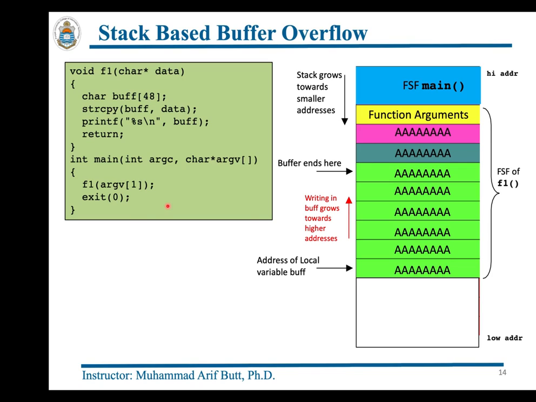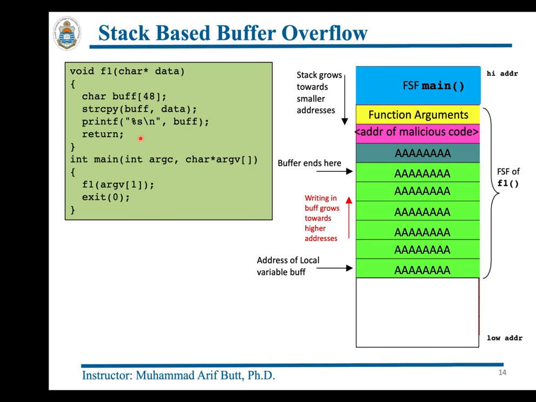My dear students, if somehow you craft an input string for this program in such a way that over here at the place of the return address, instead of A's, we can write the address of a malicious function or malicious code, a shell code, that means you have successfully exploited this vulnerable program.